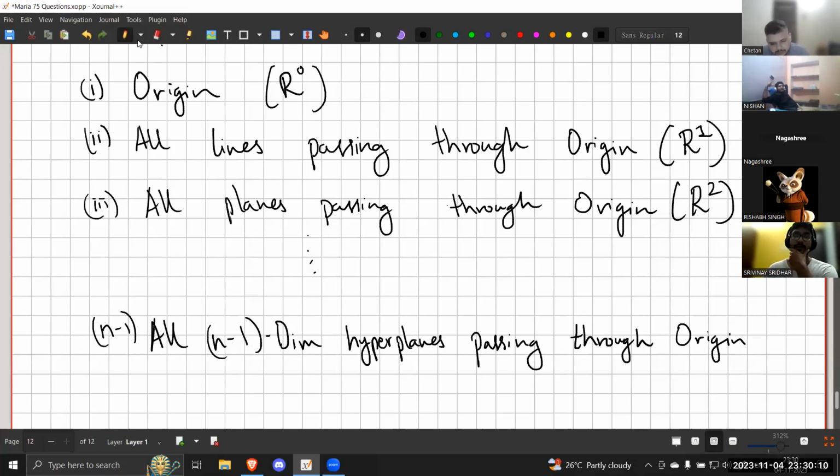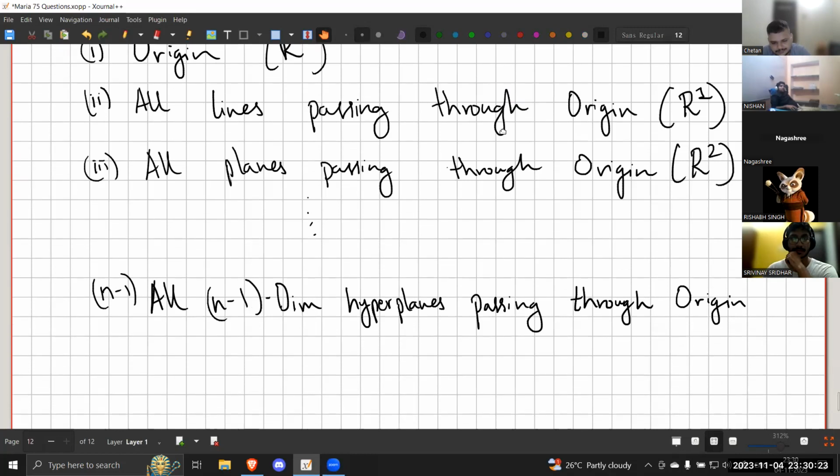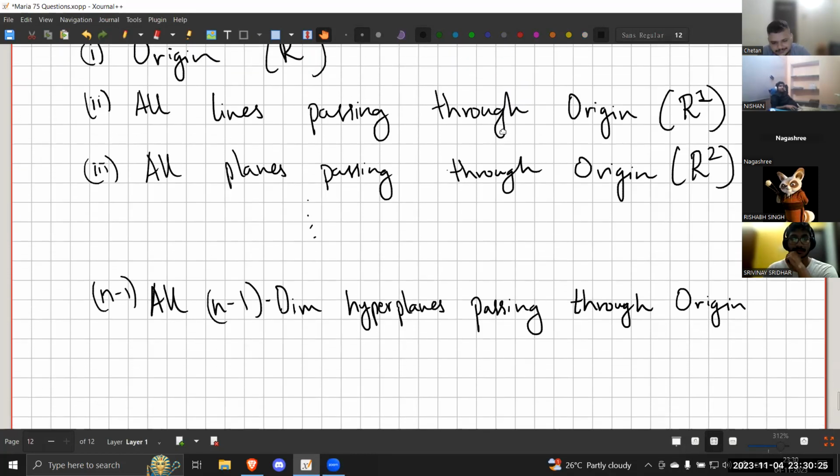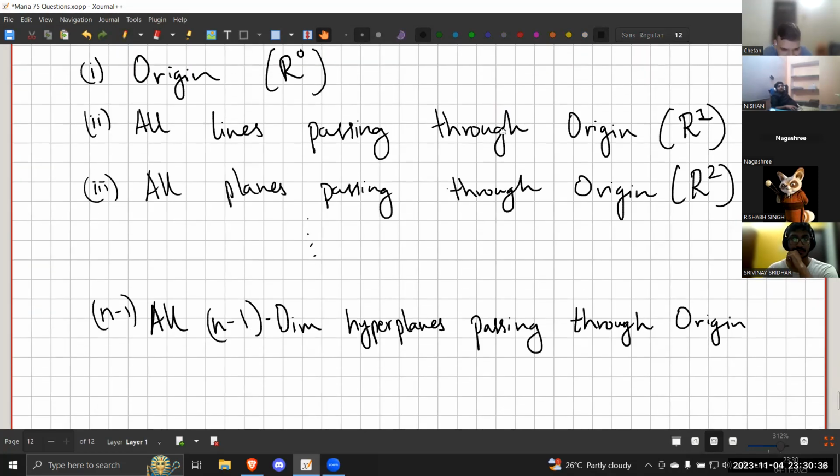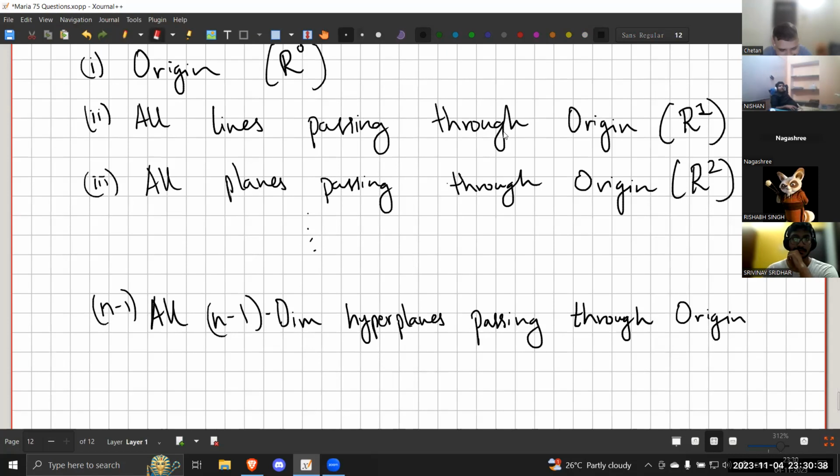All the lines passing through the origin are a subspace, and all the planes passing through the origin are a subspace, and all hyperplanes in R3 passing through the origin belong to the subspace. All hyperplanes in R4 passing through the origin belong to the subspace, and so on.